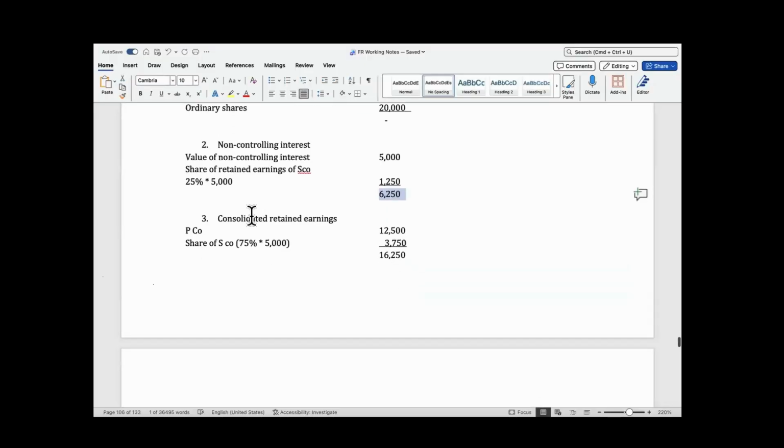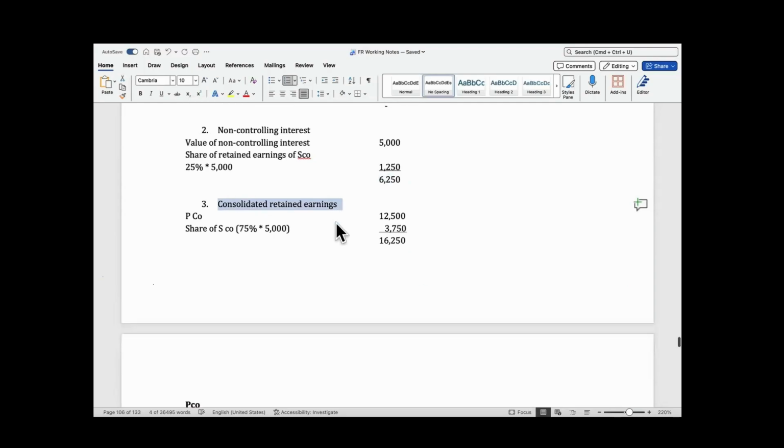And finally, the retained earnings. I'm doing workings here because since NCI has taken a portion of his own, I need to give the balance to the parent. So I don't want to be showing that workings on the face of my account. That's why it's coming up here.